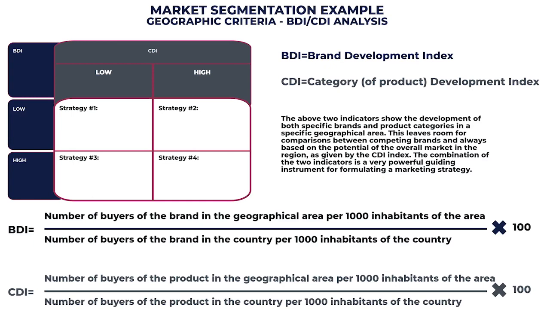We need to make sure that our marketing mix aims at the preservation of the satisfactory position of our brand in the market, and so we need to do exactly what we are doing right now. That's strategy number 4. That's the strategy that we should follow when we have a high BDI score and a high CDI score as well.